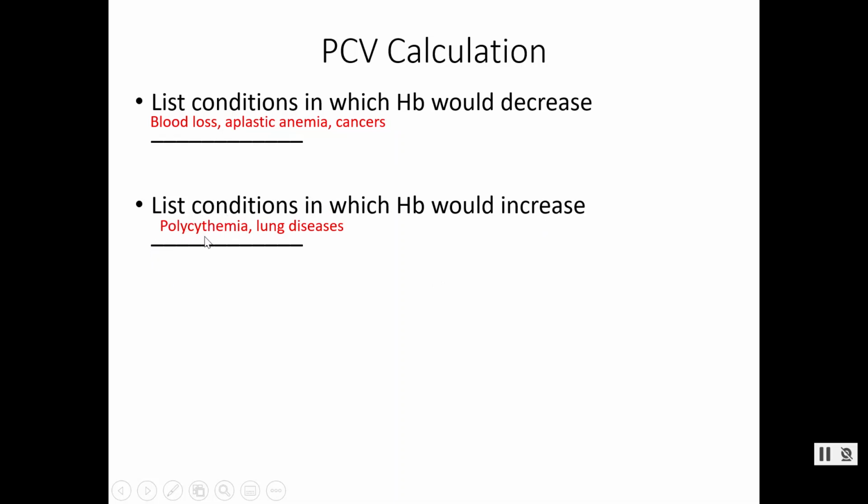So polycythemia is just the increased production of red blood cells straight out. Lung diseases, we've talked about not being able to do gas exchange like we would like to, and so you could end up cranking out more red blood cells as well, and that would increase your hemoglobin also. Okay, so that concludes our discussion on hematocrit and packed cell volume.